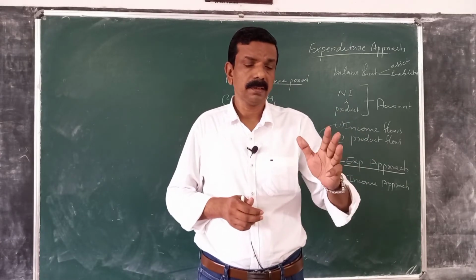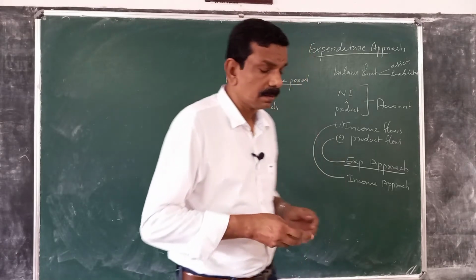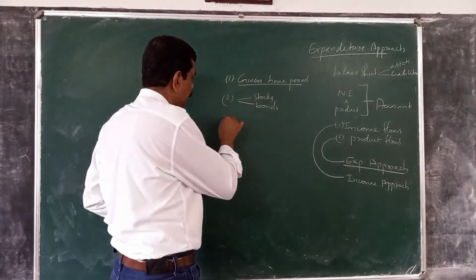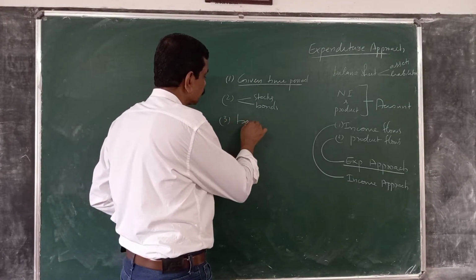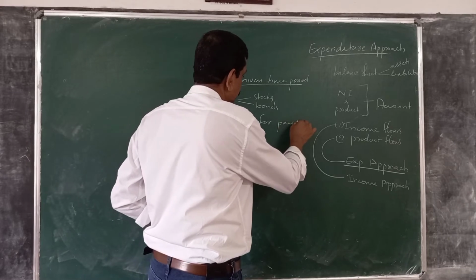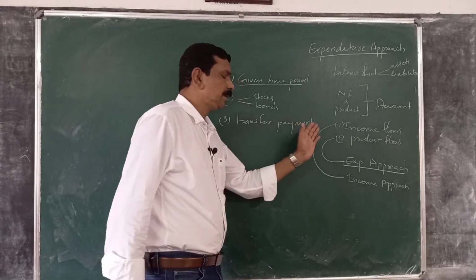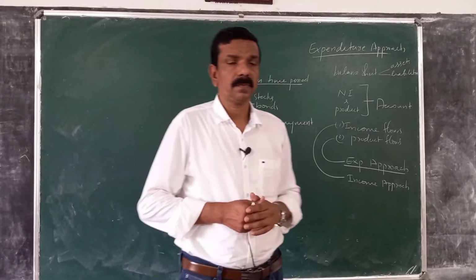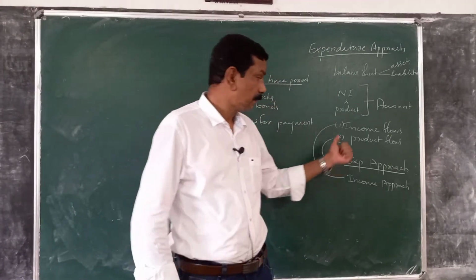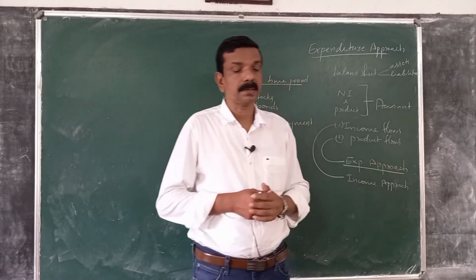We call such payments transfer payments. Transfer payment is a payment for which nothing is received in return. Such expenditures are excluded while calculating national income using expenditure approach from the product side.